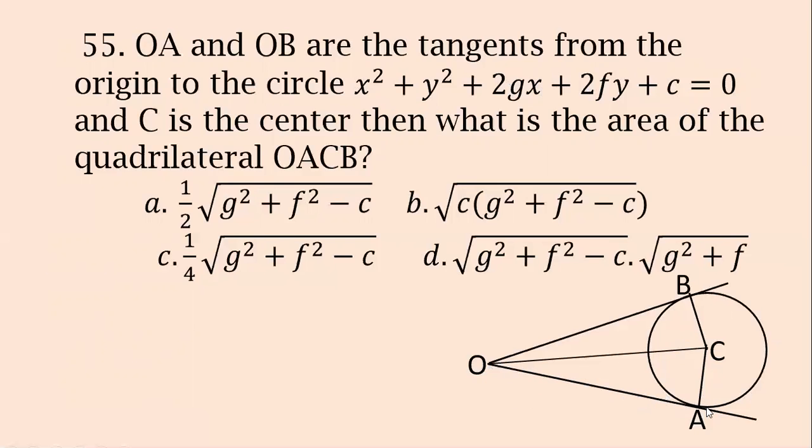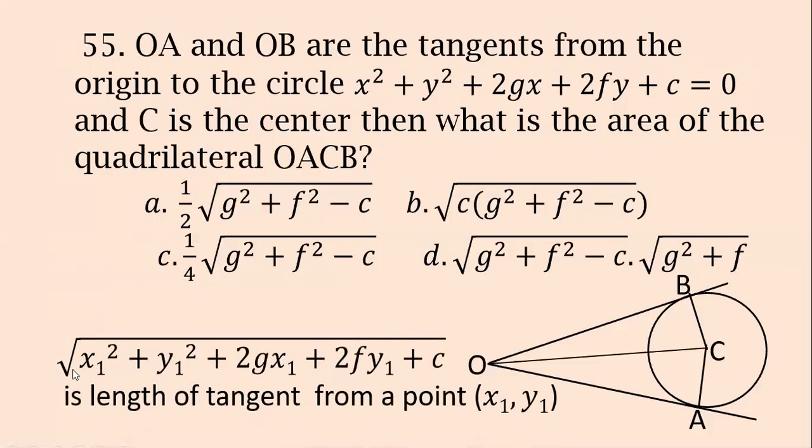So we need to find out the length OA. So we can use this formula. What is that? Square root of x1 square plus y1 square plus 2g x1 plus 2f y1 plus c. So this is the length of the tangent from a point outside. And the point is (x1, y1). So from the point (x1, y1), the length of the tangent to a circle is this.